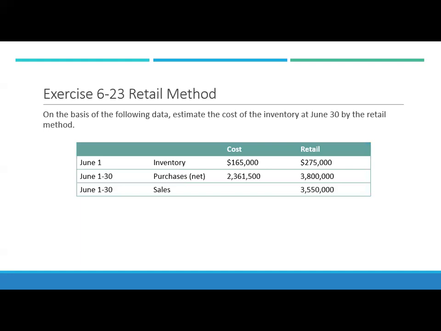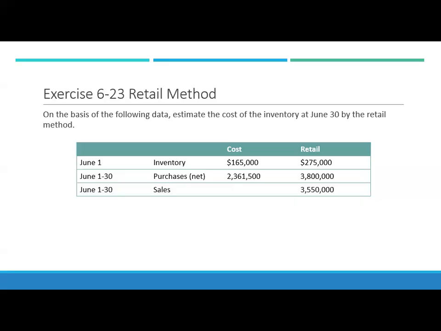Another example here, we can estimate based on the following data, what is the cost of inventory on June 30th. So we can take our total cost of inventory. So we take the cost of 165 plus the 2,361,000. And then we take retail cost of beginning inventory plus purchases.